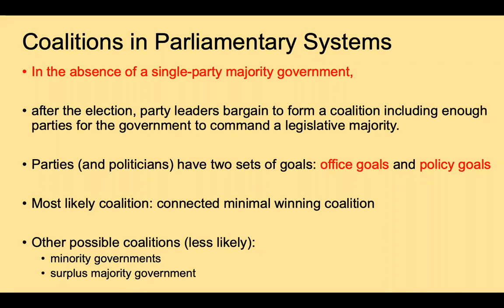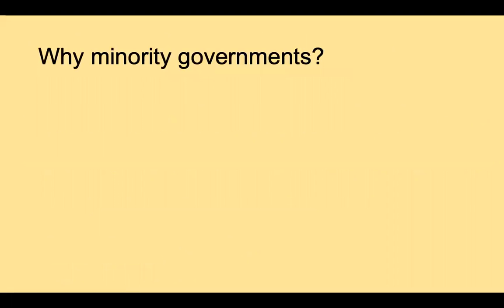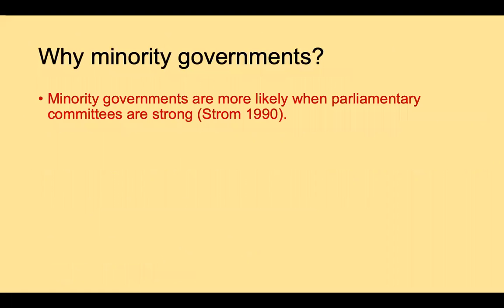These are less likely and in some cases quite rare, but there are some explanations for why some of these might exist. And so in a parliamentary system, when you get a minority government where a minority legislative bloc anoints the prime minister and selects the cabinet, there's sometimes a good reason for this, and it often has to do with how strong the parliamentary committees are.